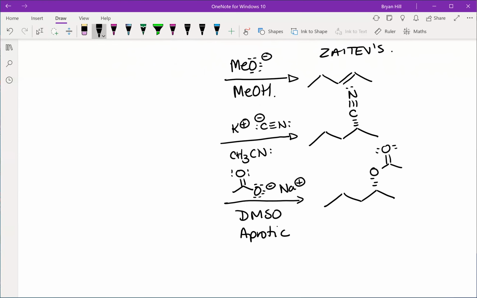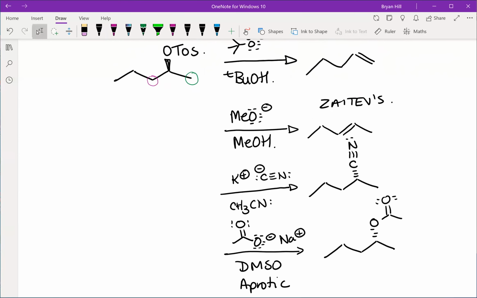So if we wanted to replace the oxygen with an oxygen, I would use this as my nucleophile as opposed to, say, methoxide, because what I've highlighted in green here is a much stronger base, right? Even if I was using methanol and DMSO, it wouldn't be my best choice because the methoxide is still a strong base.